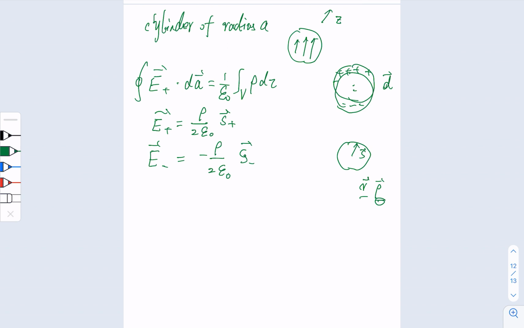So one is at the center of the plus charge, and the one is at the center of the negative charge.